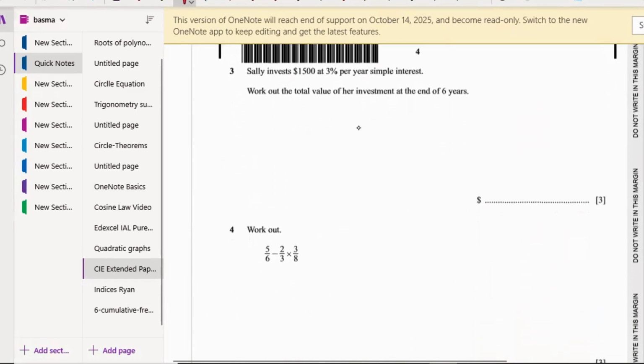So that was question number 2. Question number 3: Sally invests $1,500 at a 3% per year simple interest rate. Work out the total value of her investment at the end of 6 years. We know the simple interest formula: principal amount times the rate percentage times the time.